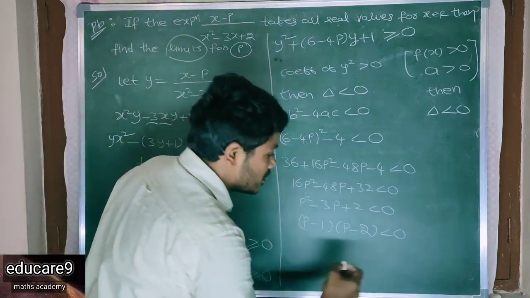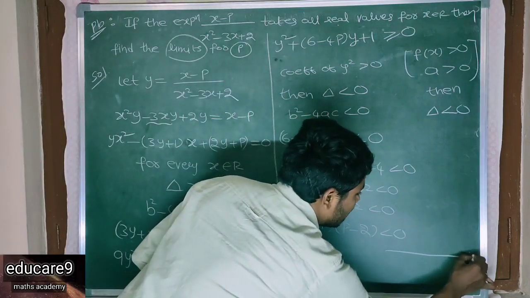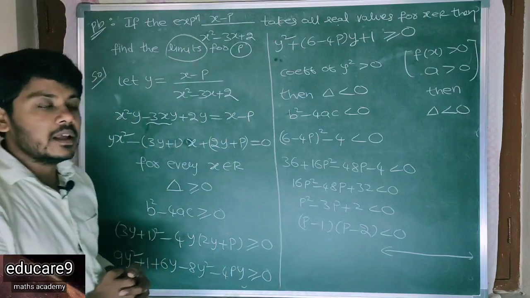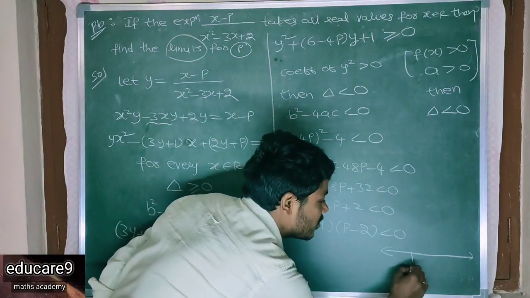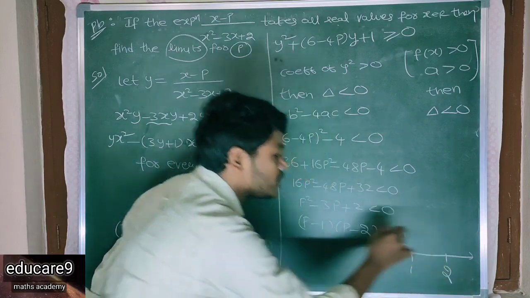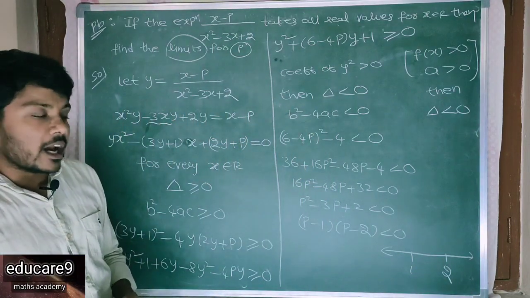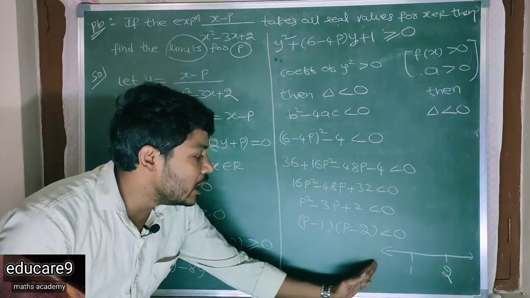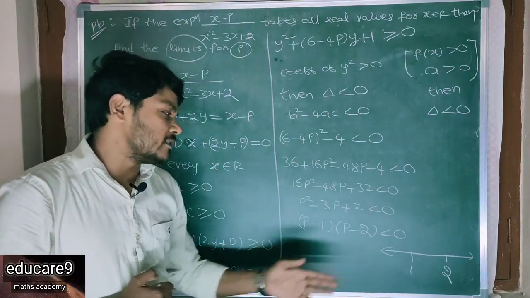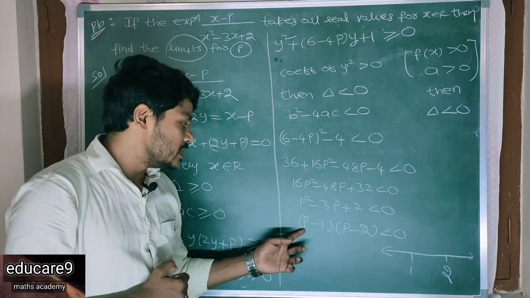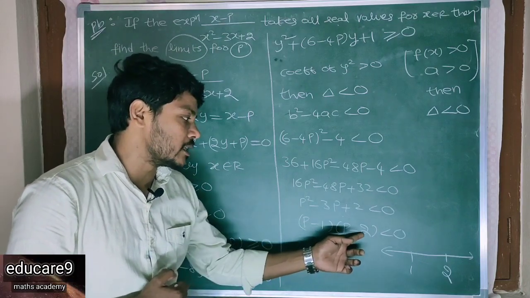See here. For this you have to draw the real line and locate the points 1 and 2. So this is 1 and this is 2. And substitute the values below 1. If p is less than 1, for example p is equal to 0, 0 minus 1 is negative, 0 minus 2 is negative.